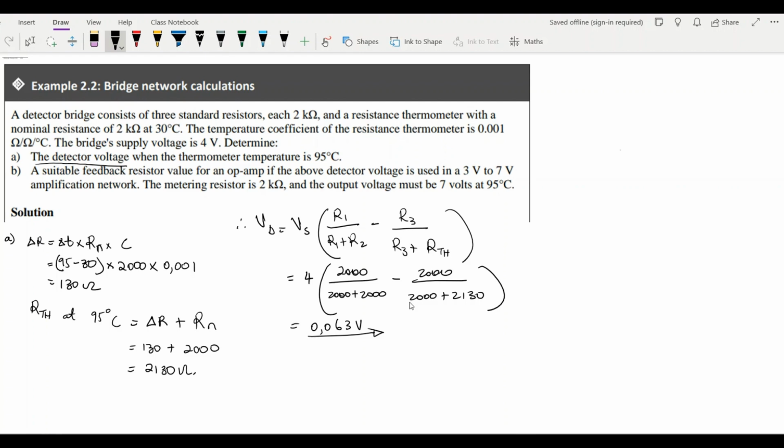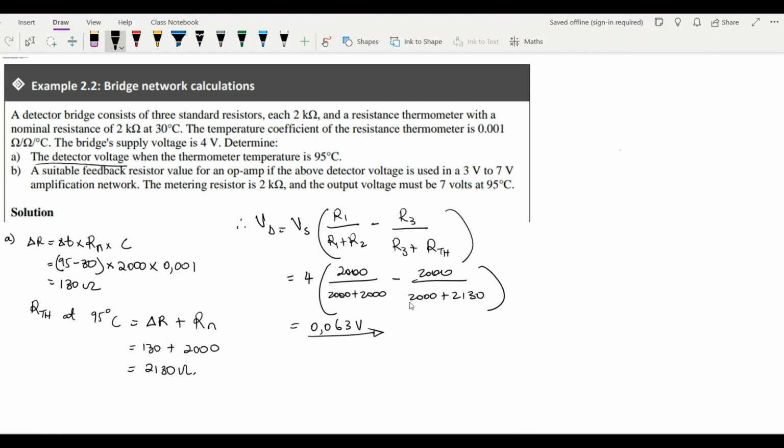It sounds like a very tricky question, but it's as simple as you see in your textbook. So here we need to calculate a suitable feedback resistor, that is RF, for this operational amplifier that uses the detector voltage above. And the detector voltage must be used at the range of 3 volts to 7 volts.